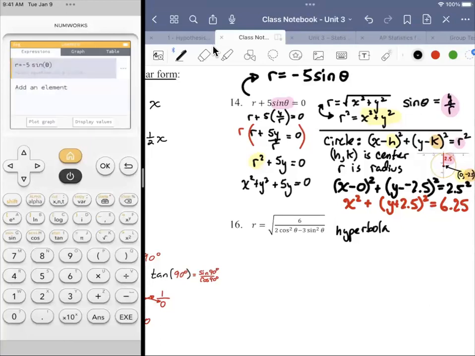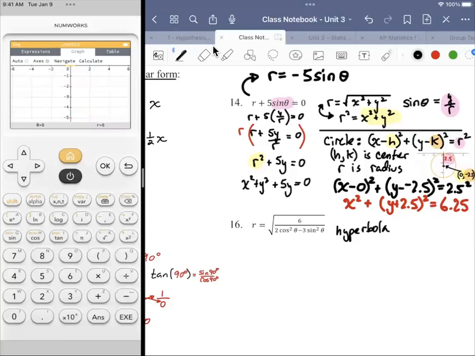We talked about this a little already, but it didn't matter at that point. Now it's starting to matter. All right, let me do 5 sine theta. Plot the graph. Nothing's on the screen. That's because I changed the settings. It's the same circle, but now it's above the x-axis.